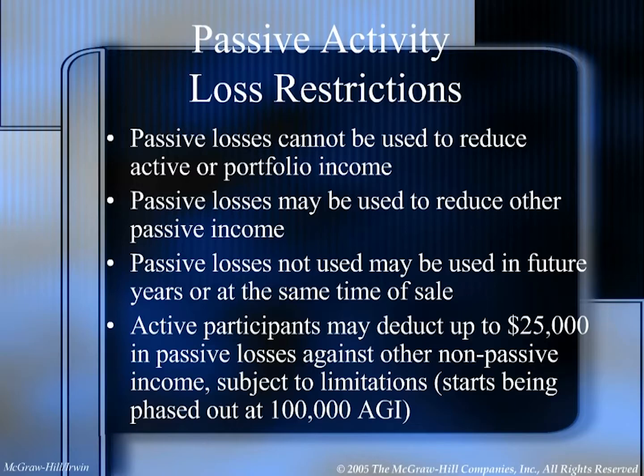So this is something to understand, because I have recently been finding more and more, and it happened to me once, that you have all these losses that you're used to taking for tax purposes, and all of a sudden, because of maybe a large sale of another property, or some large commission, or a bonus, it puts you into a higher tax bracket, and you end up not being able to take these passive losses.